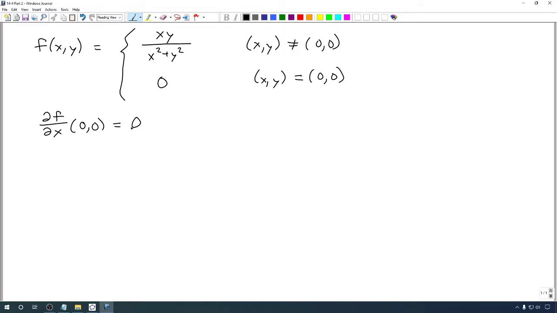And so that's what we get. Same thing if we look at the derivative with respect to y. We get 0 there as well. So it does have partial derivatives, but it's not continuous. So what does that mean?